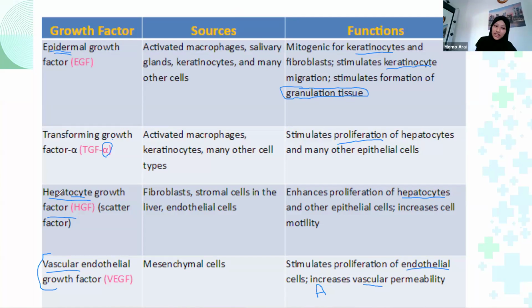Hepatocyte growth factor is more for liver cells and other cells, of course. And vascular endothelial growth factor is for your blood vessels. So anything to do with blood vessels, making new blood vessels, proliferation of blood vessels, or increasing permeability is all under VEGF, vascular endothelial growth factor.